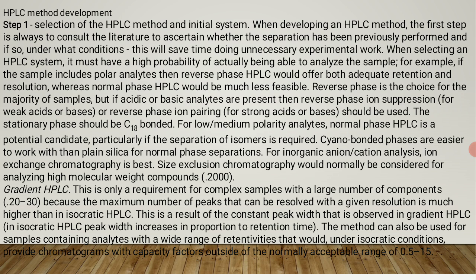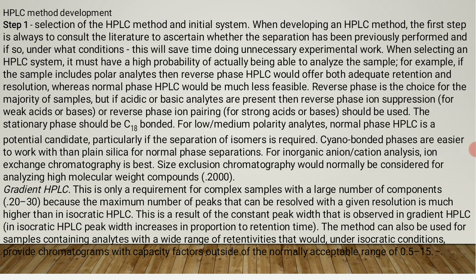Gradient HPLC is only a requirement for complex samples with a large number of components, 20 to 30, because the maximum number of peaks that can be resolved with a given resolution is much higher than in isocratic HPLC.